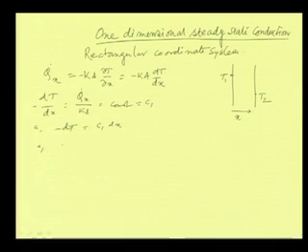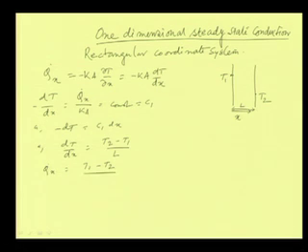Because dT by dx is a constant, we can also write dT by dx as T2 minus T1 by L, where the total distance is L. Under that situation, we can write that q dot x is equal to T1 minus T2 by L by k into A.